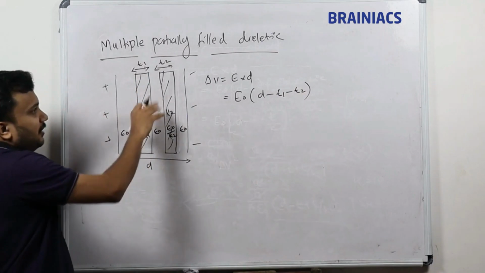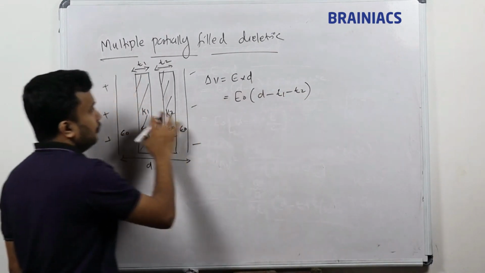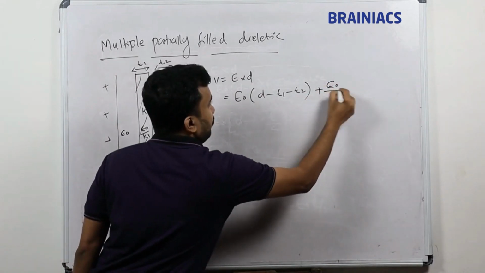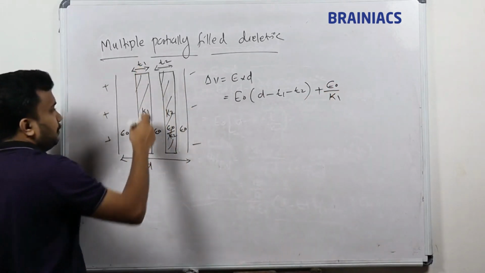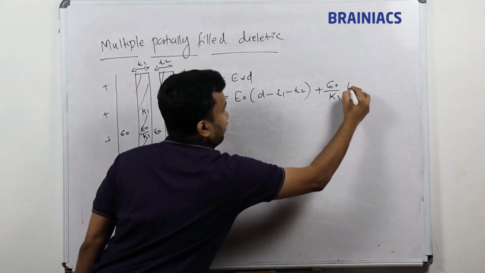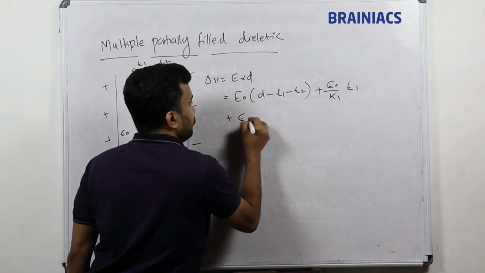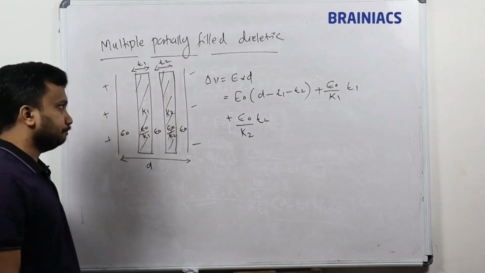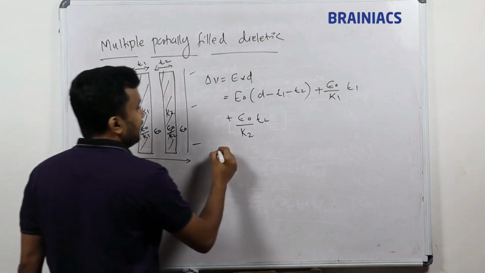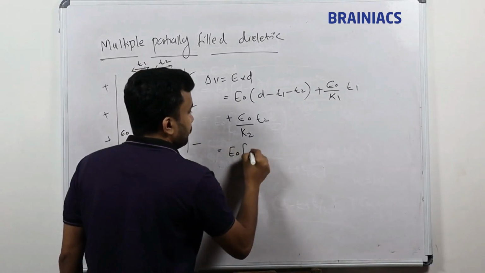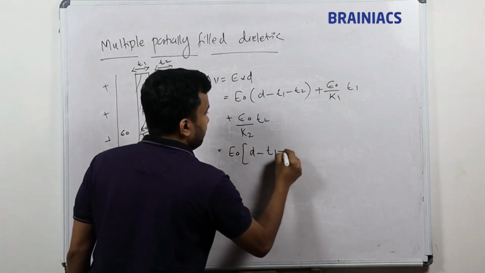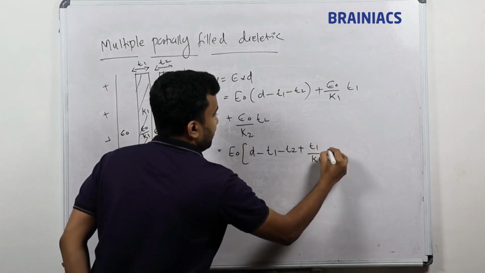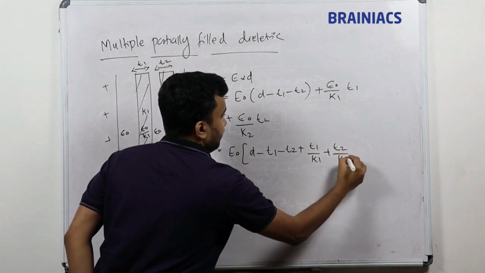If you remove the T1, T2 area, D minus T1 minus T2, that area contains E0, plus E0 by K1 into the span of that area, T1, plus E0 by K2 into the span of that area, T2. We'll take E0 common. So I got D minus T1 minus T2 plus T1 by K1 plus T2 by K2.